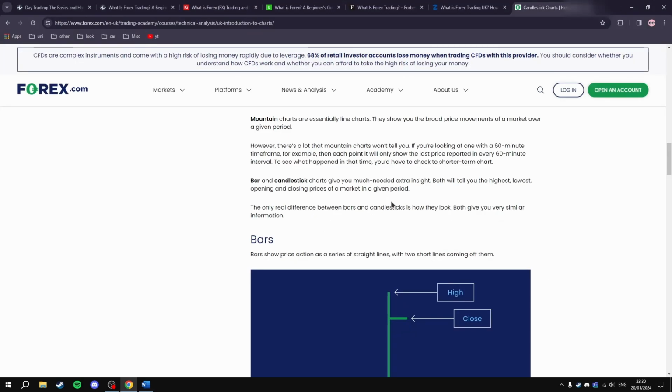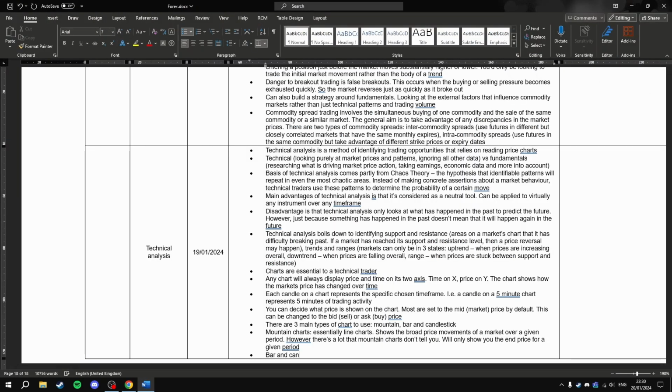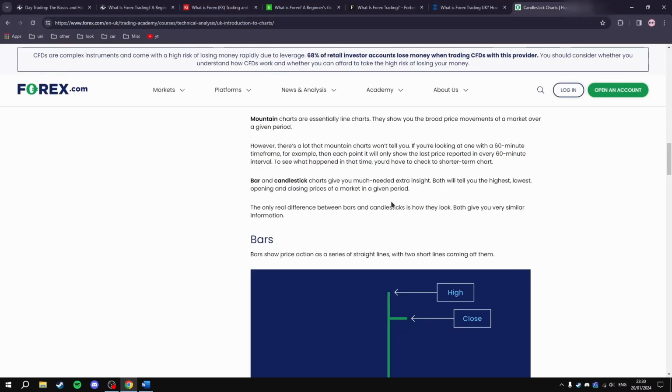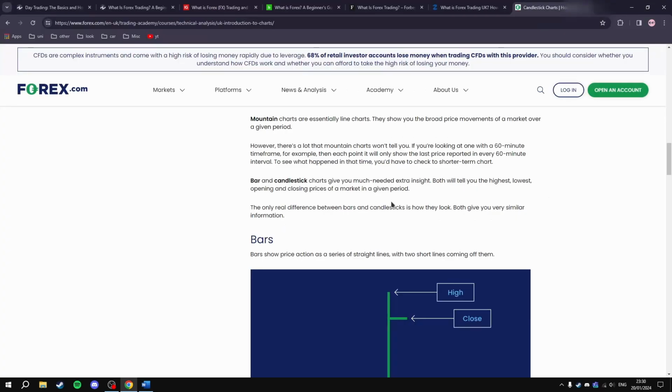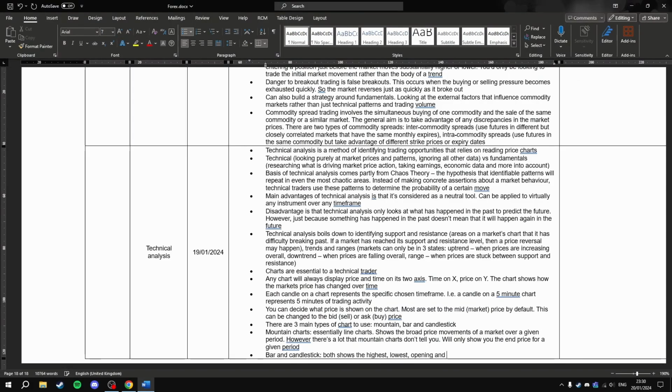Bar and candlestick charts give you much needed extra insight. Both show the highest, lowest, opening and closing prices of a market in a given period.